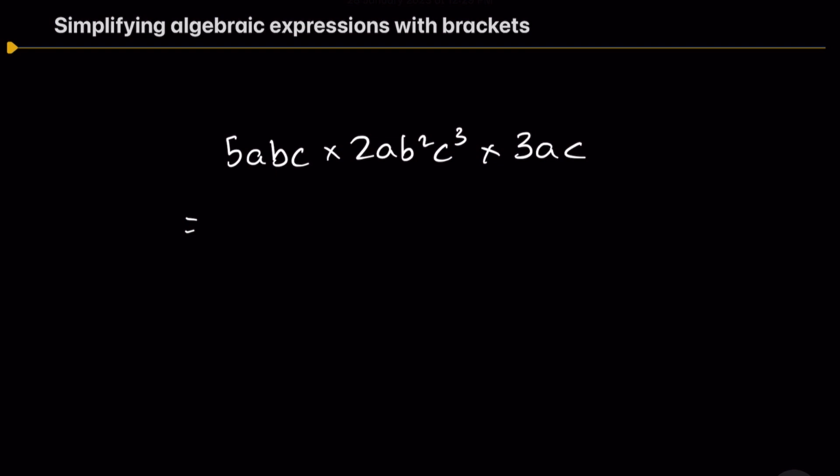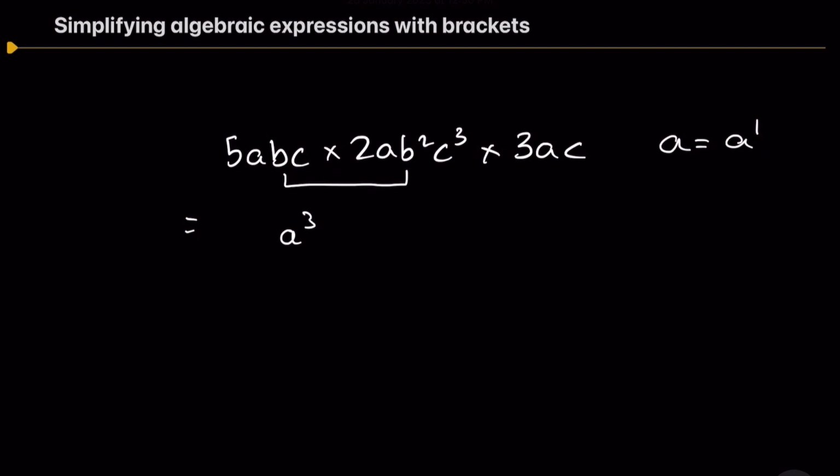For example, a, you have one a, another a, and another a. So you have 3 a's, and don't get confused, a is just a to the power 1. So there's 1, 2, 3. So when you add the powers, it becomes a cube. Next, you have b and b square.